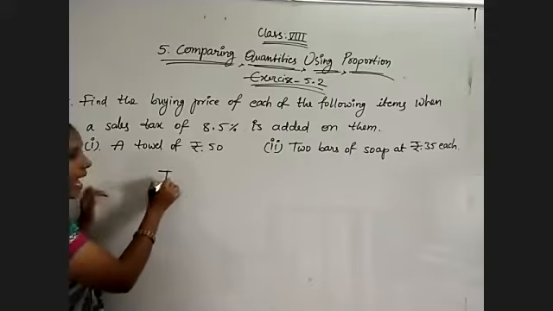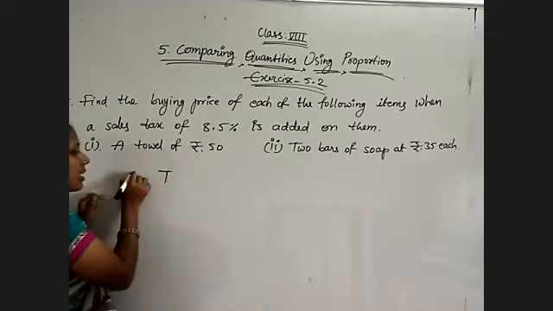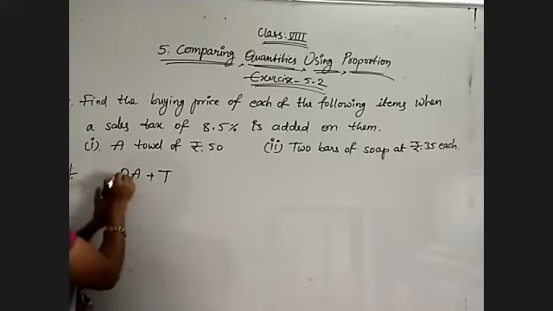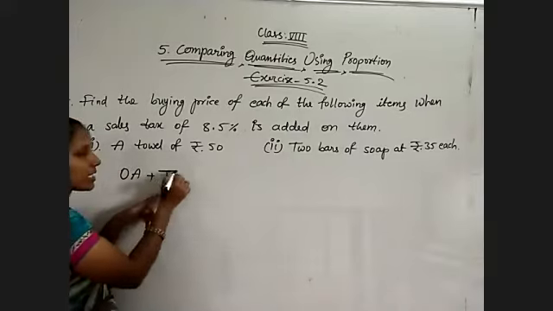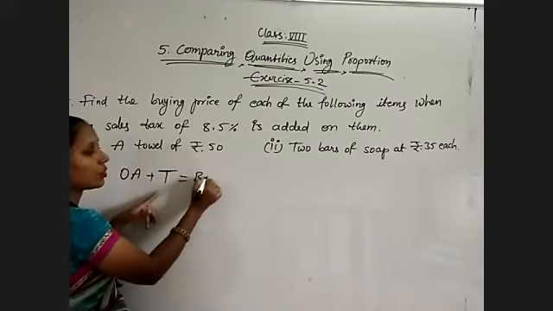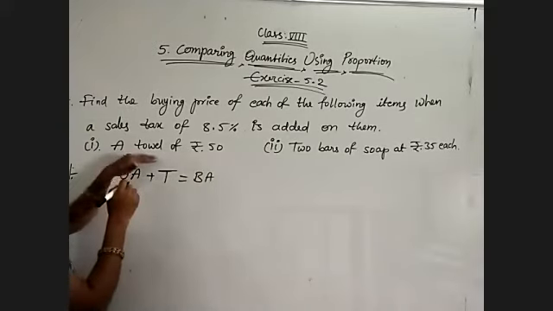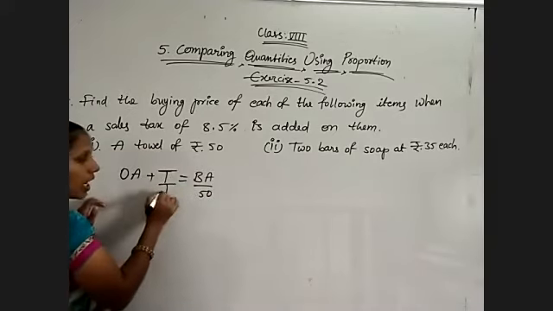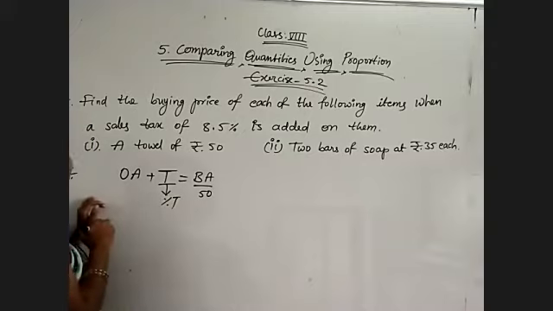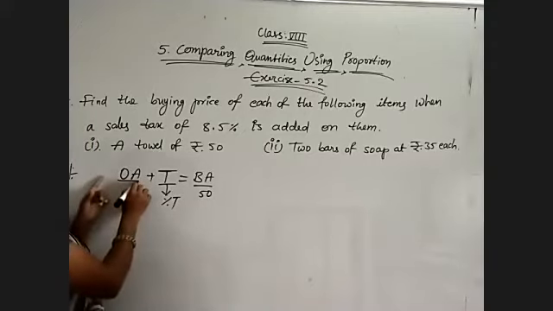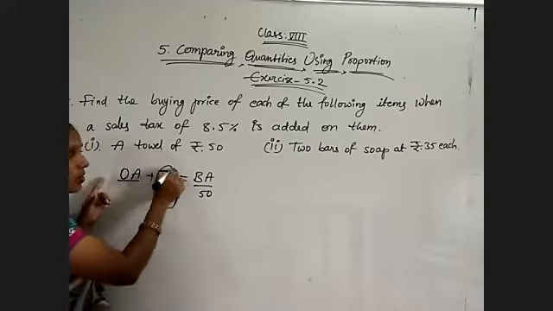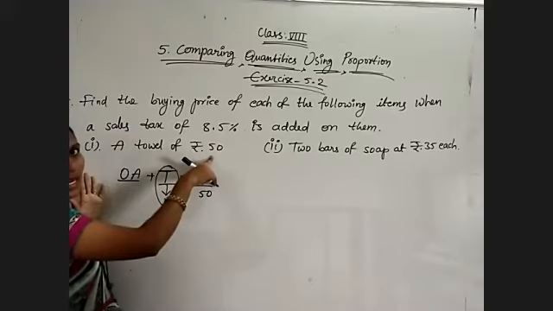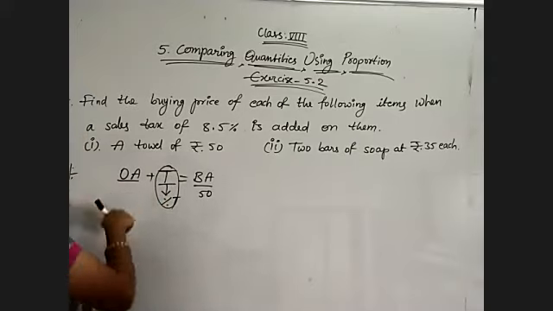When tax is added, actually we will get some of the amount to pay, and this is original amount, and when tax is added to that, that will be the final amount, bill amount. Yes or no? And here the bill amount is 50 rupees. This one is 50 rupees, and tax amount not given, percentage of tax given. We have to find out original amount like yesterday's problem only. So first of all, find out tax by using the percentage of tax and subtract from the bill amount. We will get the actual amount.